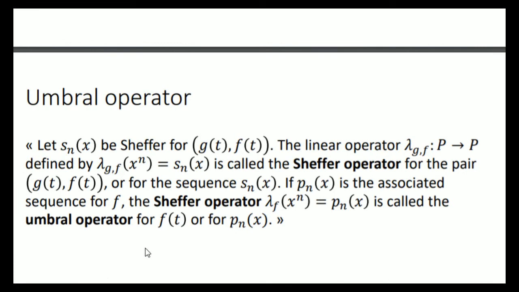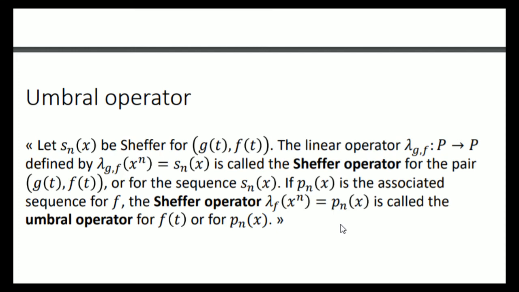So we have an Umbral operator. If we have S n a Scheffer sequence, the linear operator lambda of g of f is defined such that when you apply it to x to the power of n, you just get the Scheffer sequence applied in x. It's called the Scheffer operator. Here I'm just presenting some operators that are used, and I'm not going to explain how they are used because I actually don't know.